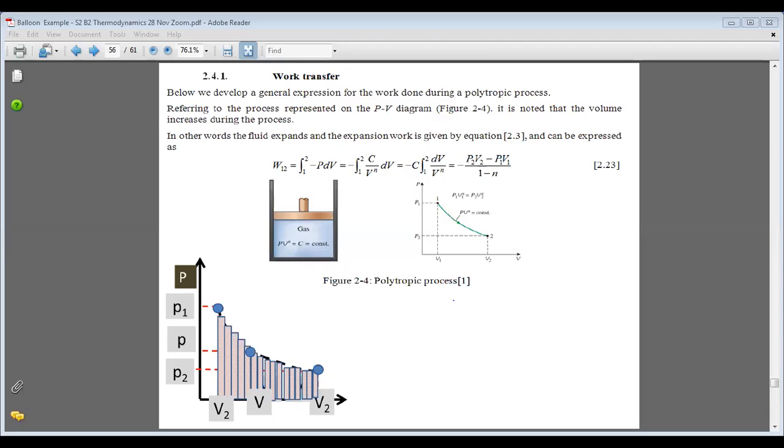So for compressors, you need minimum work input, and even a bicycle pump, you must try with minimum effort. Compressor needs minimum input, but turbines, we need maximum. Even engines, we need maximum.